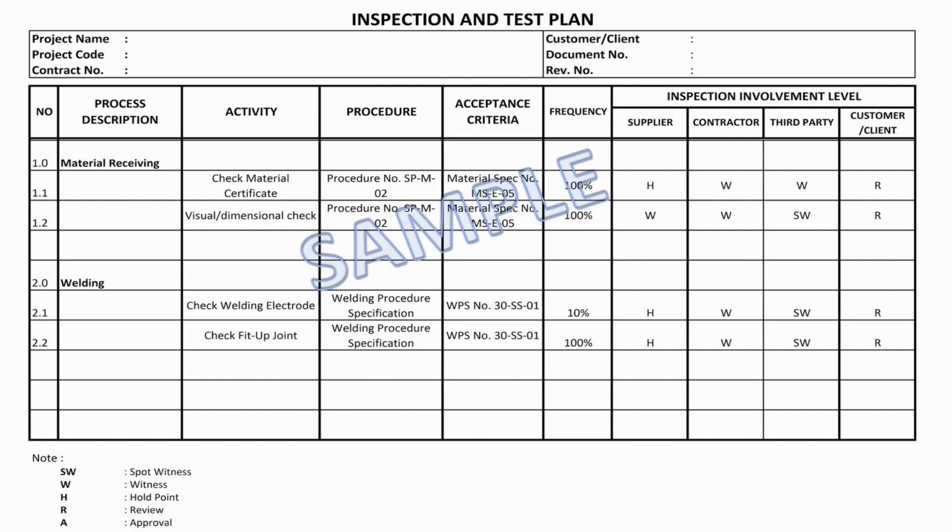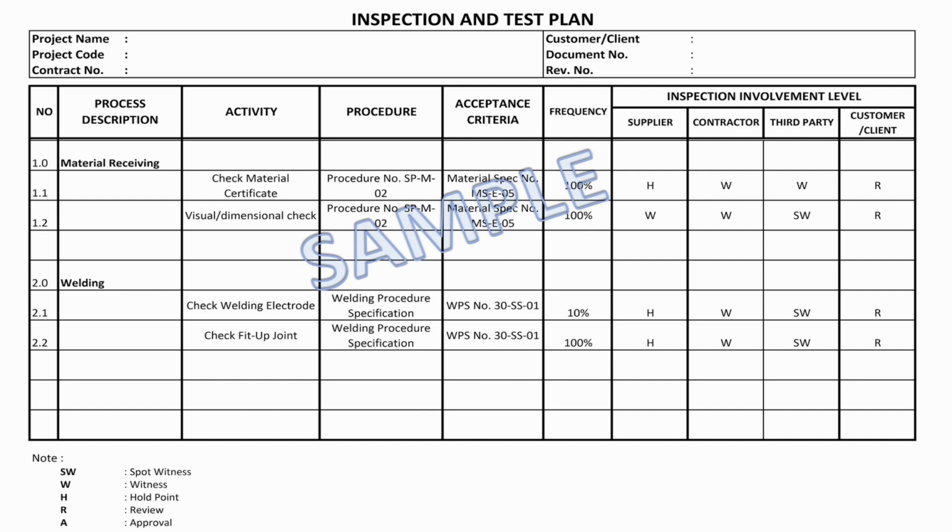Witness point is a point in the chain of activities at which the supplier shall notify the purchaser or purchaser's representative before proceeding. The operation or process may proceed without the witness of the purchaser if they do not attend after the agreed notice period. And conformity assessment surveillance is an observation or monitoring or review by the purchaser or purchaser's representative of an activity, operation, process, product or associated information.